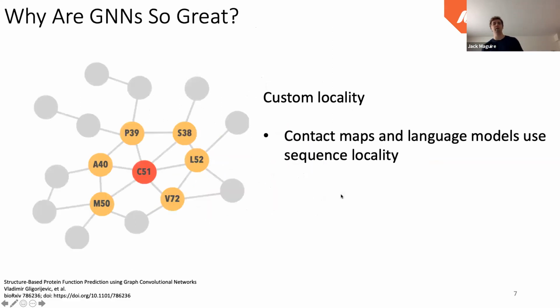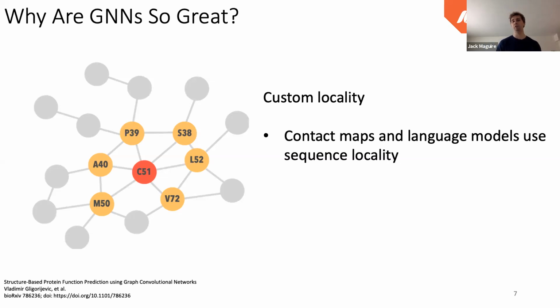So why is this so great? The big thing is that the user can customize locality. So for example, with contact maps, the locality of a convolution when you analyze it is defined solely by sequence. Residues that are close in sequence space will have close locality in a contact map. But with graphs, you can define whatever locality you want.